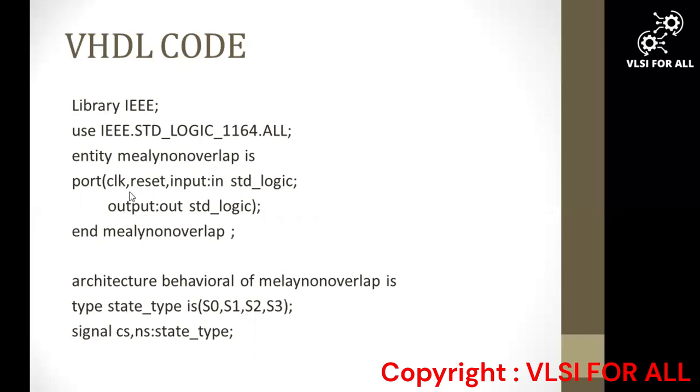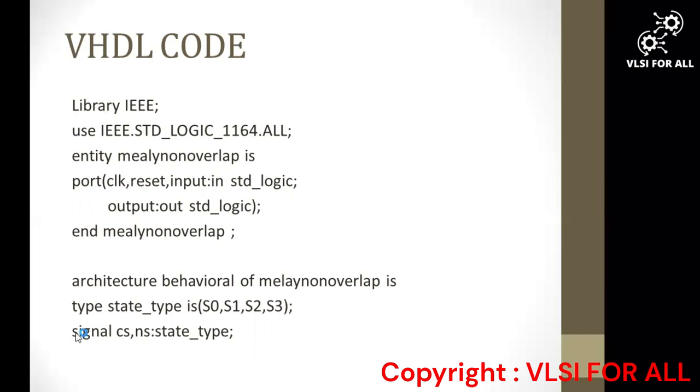Inside the entity declaration, we have to define the input and output. We have considered clock, reset and input as our input variables, and output as our output variable. After that, we will end the entity. After the entity, we will write the architecture, and inside the architecture we will write all the code that will be used for the implementation of the Mealy machine.